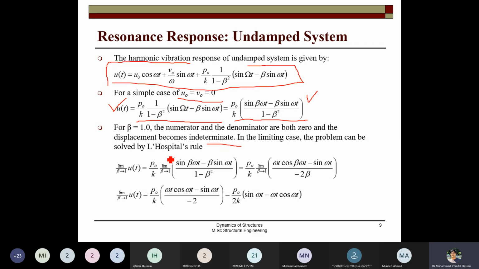The limit principle can be used such that the value which is making the function indeterminate is approached as a limit, approaching 1 but not actually 1. By putting the limit conditions and solving this limit problem by L'Hospital's rule, the response P naught over K comes out to be this one. So this is the response of the system at resonance. You can put in the values and get the peak displacement of the system under the effect of resonance.